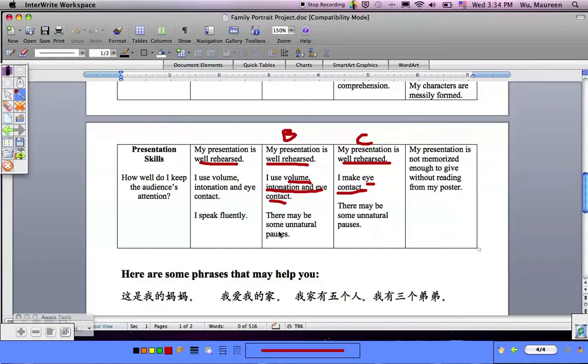Now in the B category, you may still have some unnatural pauses. Maybe you forgot what was coming next or something. It's okay. It takes you a little while to get a word out. It's no problem. If you want to get into the A category, the only difference between A and B is that you speak fluently. And the only way you can do that is to practice your presentation.